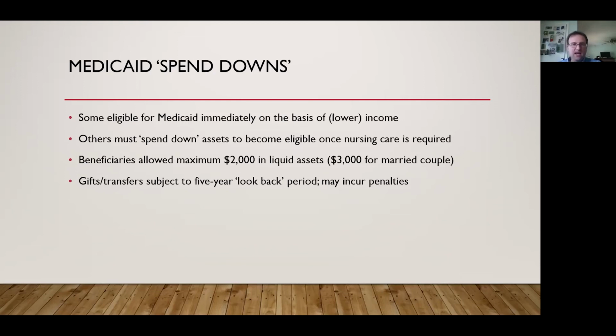And if, again, you try to spend down or to transfer assets within 5 years of reaching that point, there's a look back period. That means that people can incur penalties, as many of you are probably aware.